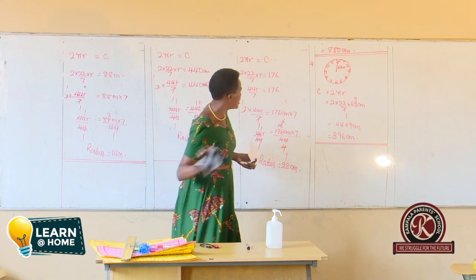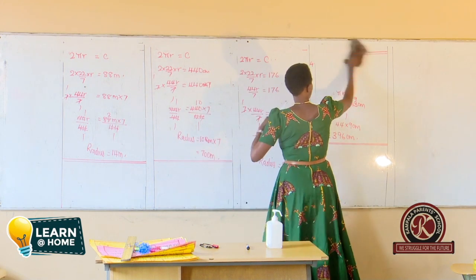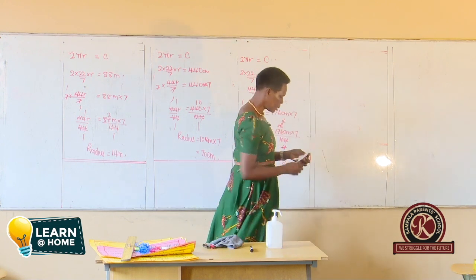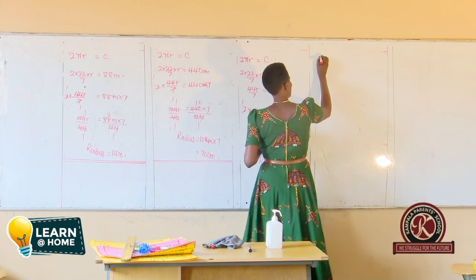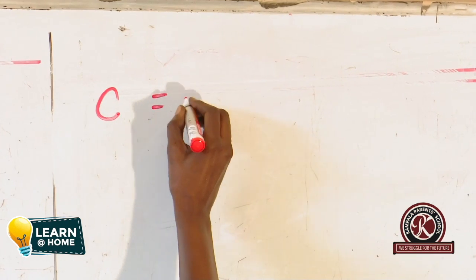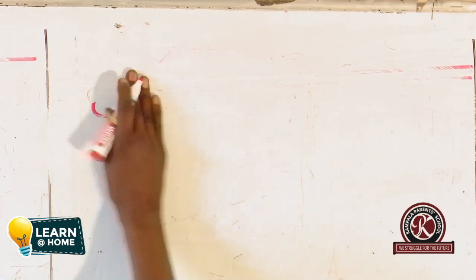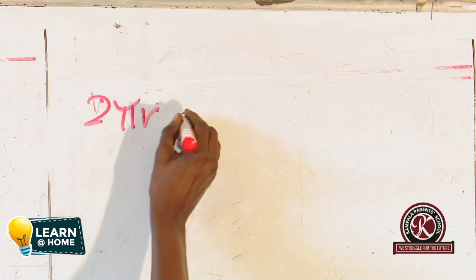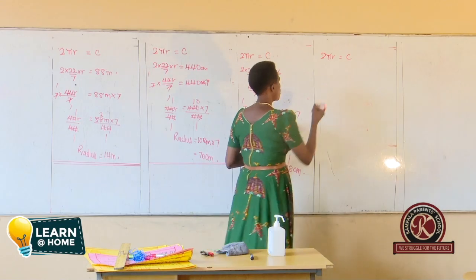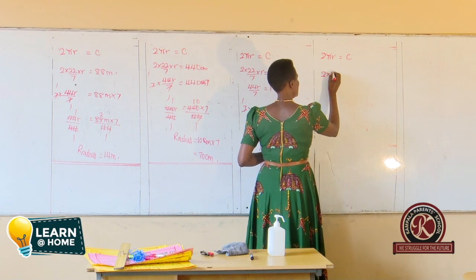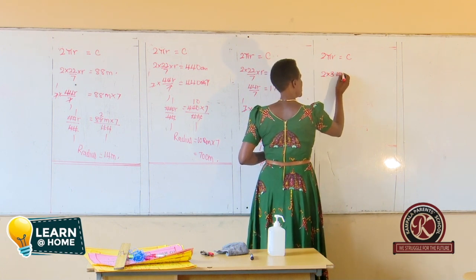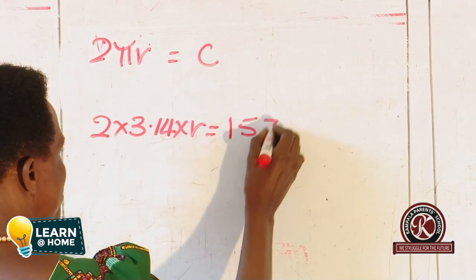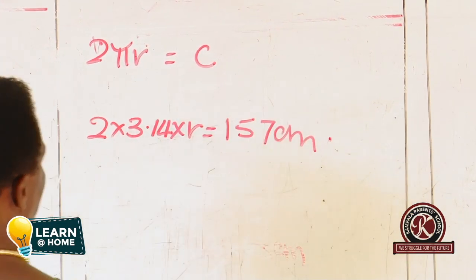The next one, let me wrap now this number. I believe that you have now done this number. We are saying still circumference equals, let us start with the question. 2 pi r equals circumference. So we have 2 times 3.14 times r will give us 157 centimeters.